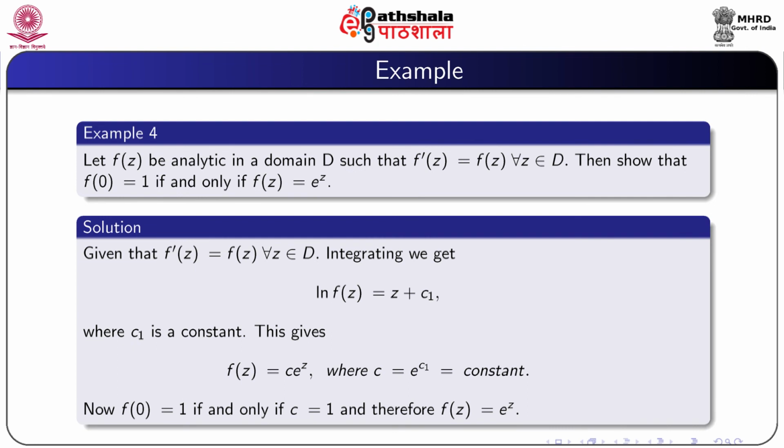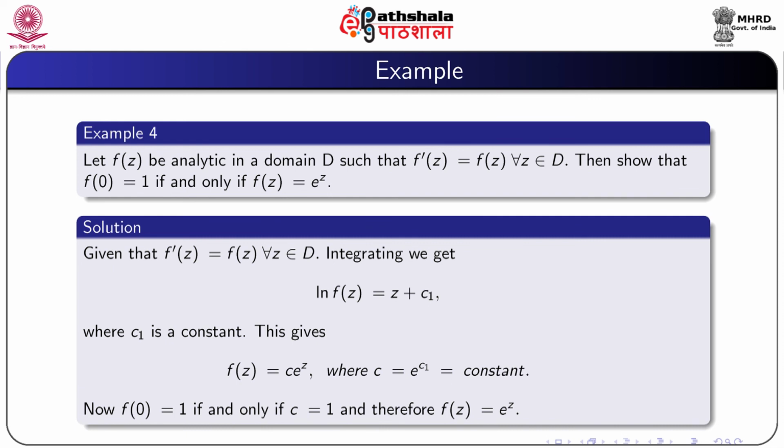So, given that f dash z equal to f(z) for all z in the domain D. So, integrating we get log f(z) equal to z plus c1, where c1 is any constant.